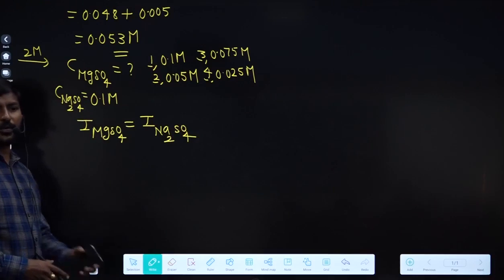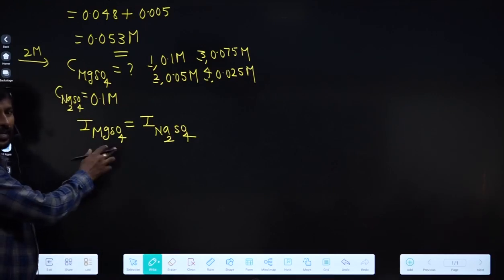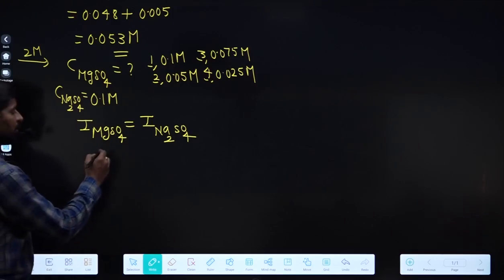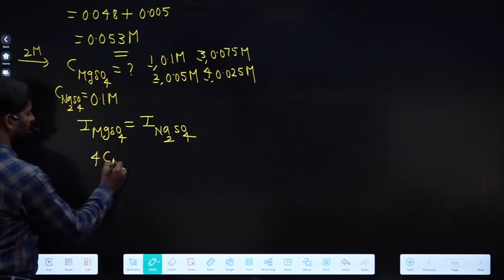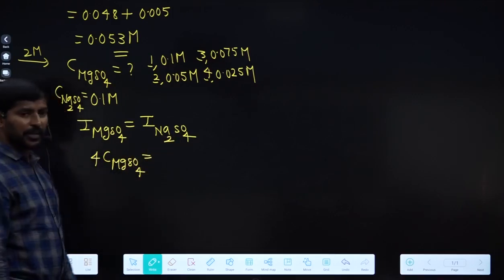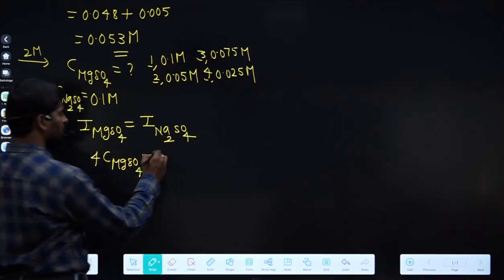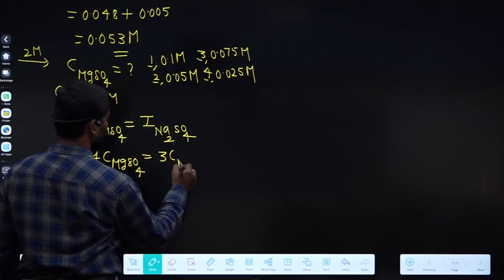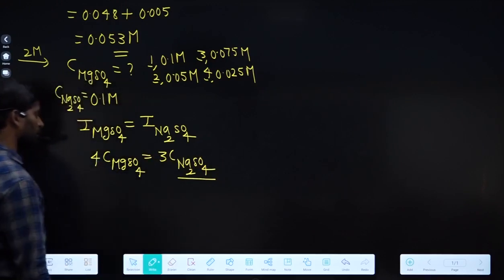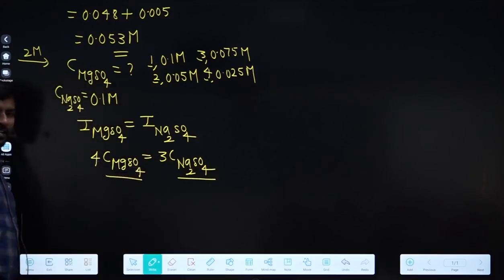Magnesium sulfate is a 2:2 electrolyte, so I is equal to 4C. Na2SO4 is a 1:2 electrolyte, so 3C. Concentration of Na2SO4 is given, concentration of magnesium sulfate we have to calculate.